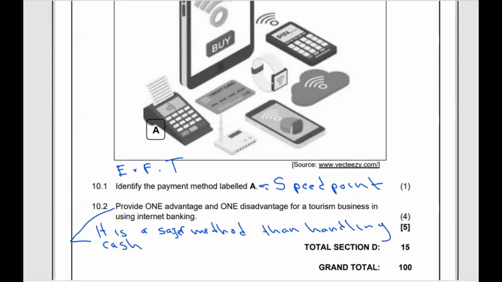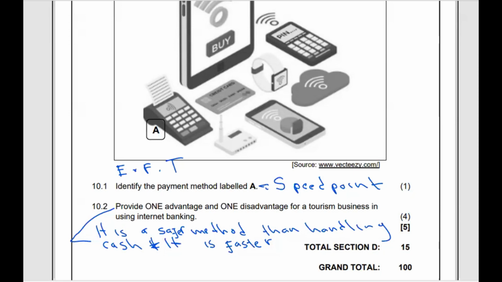So it is a safer method than handling cash. Then it is faster. Usually payments are instant, or they actually reflect instantly.